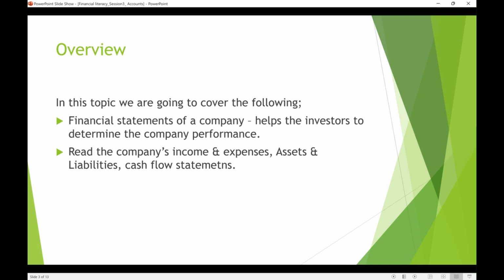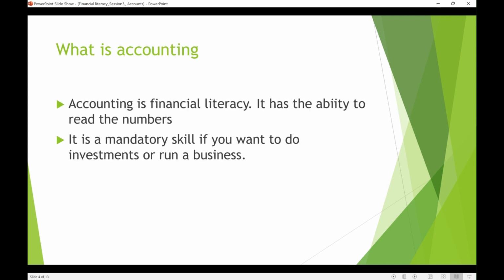That way we can see this is progressing, and whether this company is going to be profitable for me if I invest in its shares or stocks. Then we're going to read the company's income and expenses statements, assets and liabilities, and the cash flow statements.